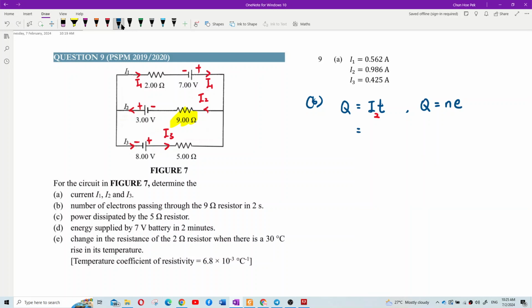So I2 is 0.986 multiplied by the total time taken, which is 2 seconds.